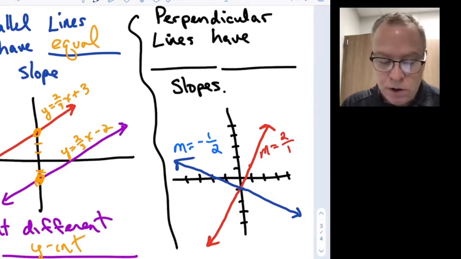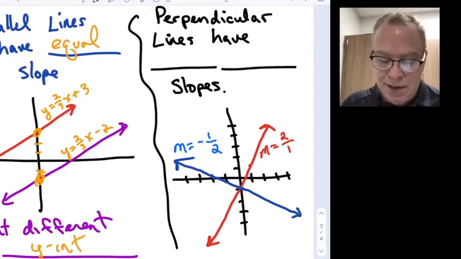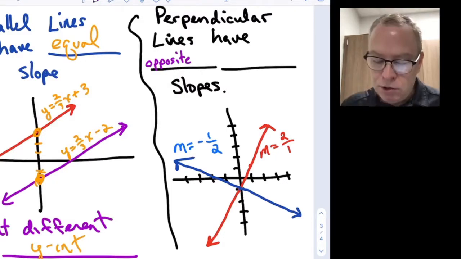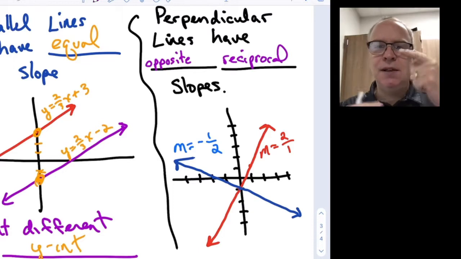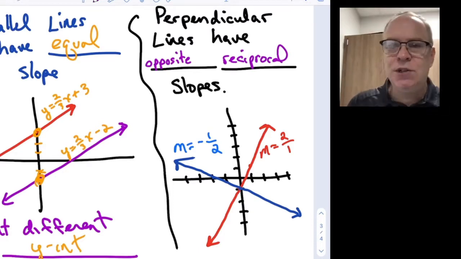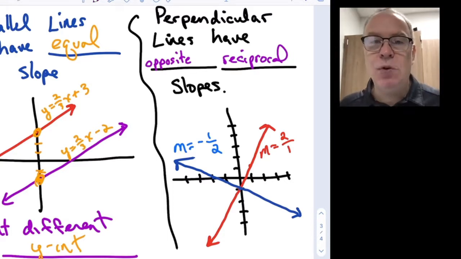So the fancy way of saying that is perpendicular lines have opposite signs, that has to do with the changing of the sign, but also reciprocal. Opposite reciprocal slopes. A lot of students accidentally just flip over the fraction, or maybe they just change the sign. You got to do both. You got to flip it over and change the sign in order for two lines to be perpendicular.